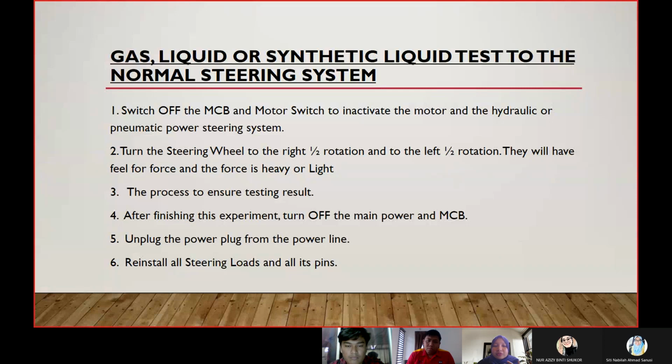They will have to feel the force, whether the force is heavy or light. The next step is the process to ensure testing result. Then after finishing this experiment, turn off the main power and also the MCB. Then unplug the power plug from the power line, and the last step is reinstall all the steering loads and all its pins. Okay, next slide.